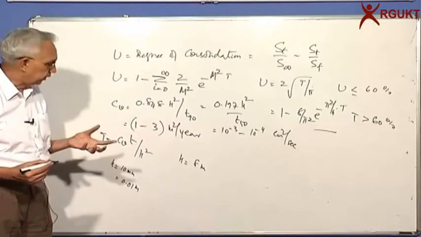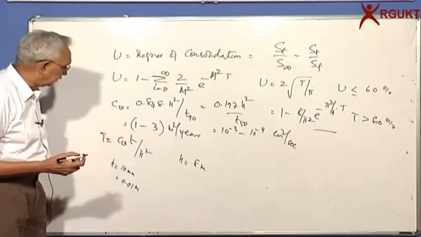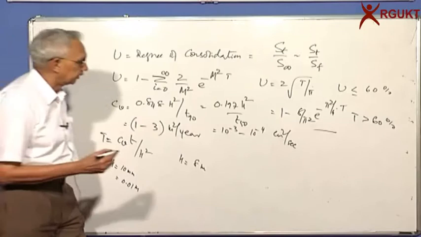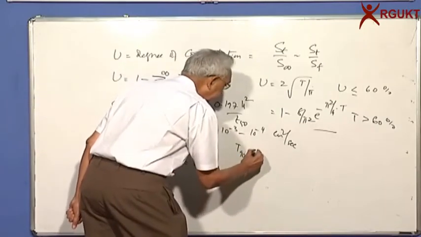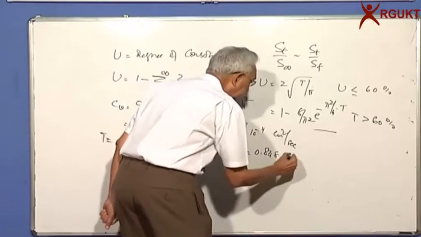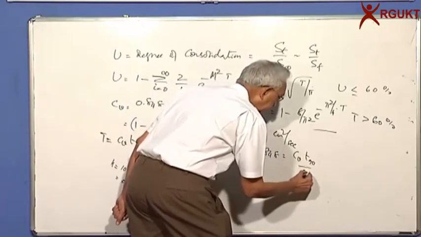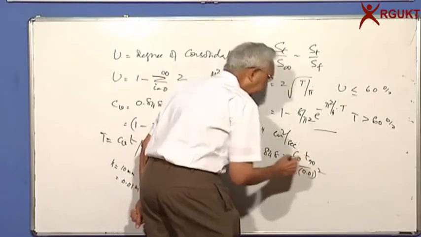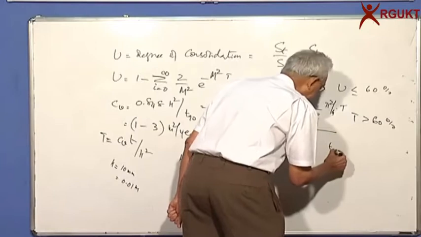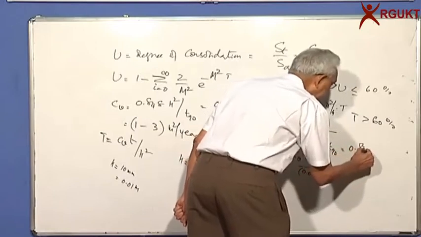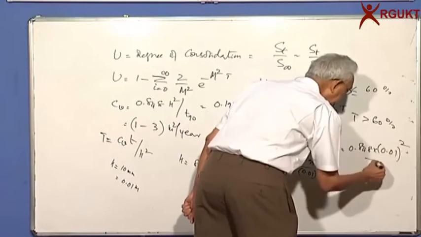In the laboratory, I need only, let us say, maybe 4 hours to get 90% degree of consolidation. So T90, which is 0.848 by Cv, T90 in the lab is 0.1 meter square. So for whatever Cv, t90 is equal to 0.848 into 0.1 square by Cv.